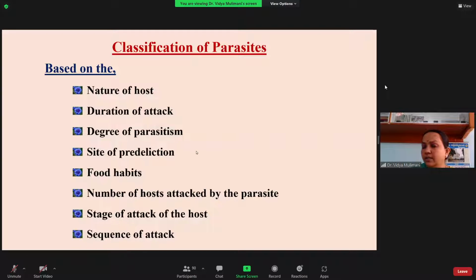Then the site of predilection, that is ectoparasitoid and endoparasitoid. Then food habits, like monophagous and oligophagous. Then the number of hosts attacked by the parasite, like monoxenous, polyxenous and heteroxenous. Then the stage of the host attacked, egg, pupal, larval and so on. And the sequence of the attack as primary, secondary, tertiary and quaternary. These are the different ways you classify the parasites.